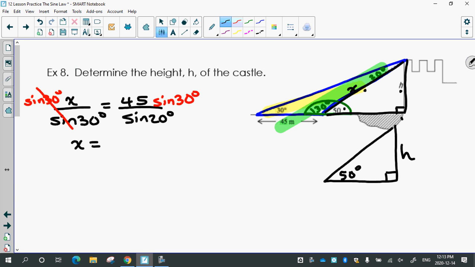You guys get 65.78, so 65.8 approximately. So this side here is 65.8 meters.